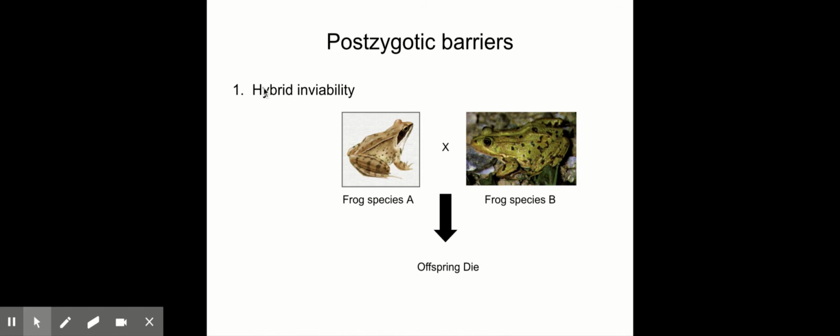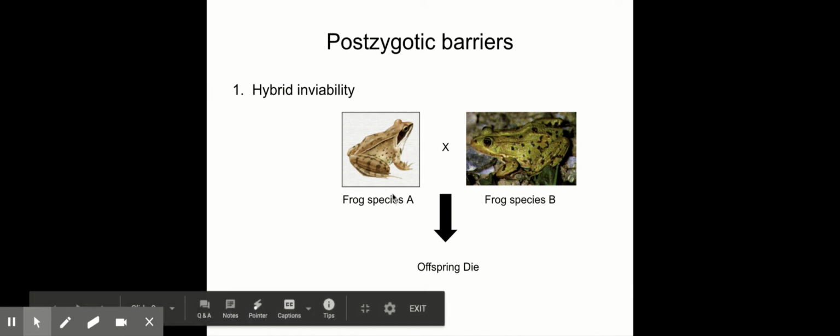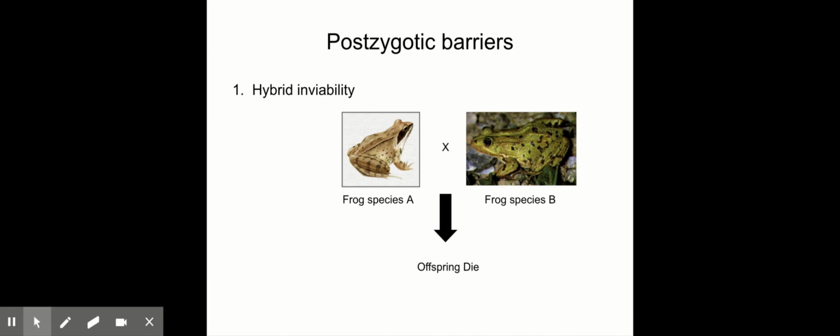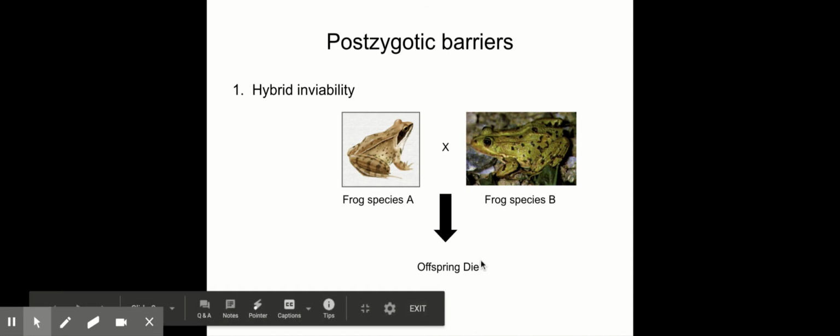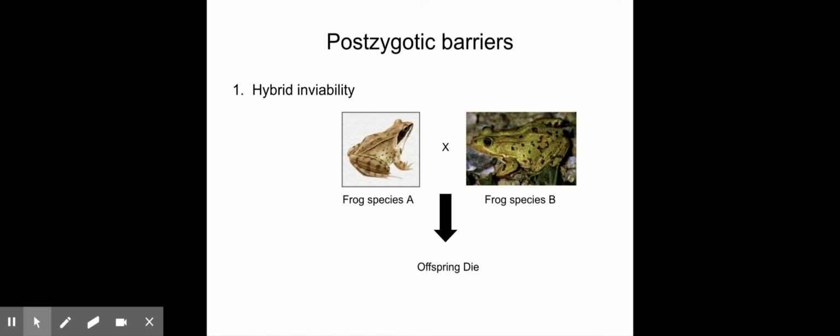If we break this down, a hybrid is the offspring of parents of two different species. So if you have a frog from a certain species, we'll just call it species A, and it mates with a frog from another species, and this can often happen with frogs, they might be able to have fertilization take place, the eggs are laid, the eggs hatch, offspring are even produced, but those offspring are not healthy, they don't fit in well into the environment, they're not suited to any particular niche, they might have all kinds of health problems, and they die.